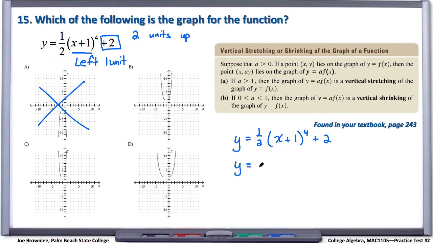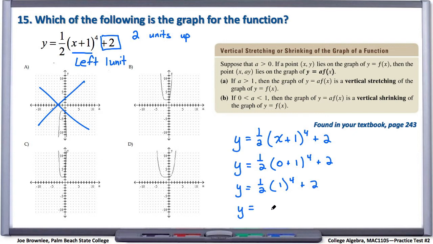So that gives us y equals 1/2, plug 0 in for x, so (0 plus 1)^4 plus 2. Let's clean this up a little. y equals 1/2 times, well, 0 plus 1 is just 1, to the 4th plus 2.